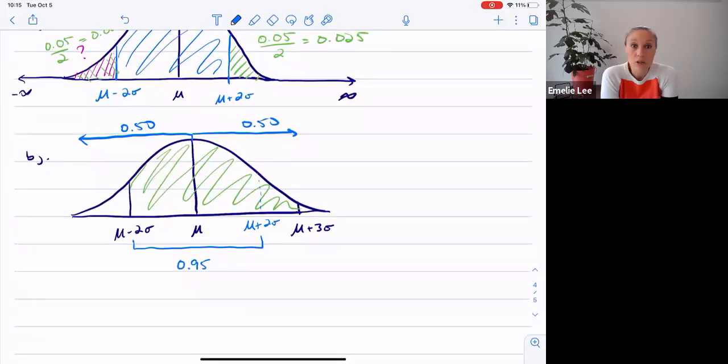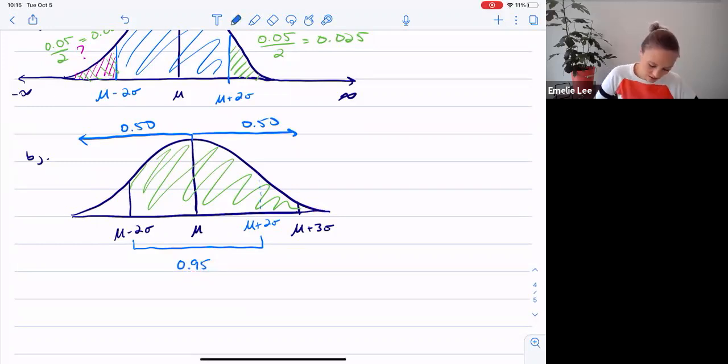Okay, I could use that. So one option is I could use that to find this area, which we already decided was 0.025, which I could subtract from 1, and then I would have to subtract this from 1. What I'm going to do instead is say, well, 0.95, I can split it in 2.